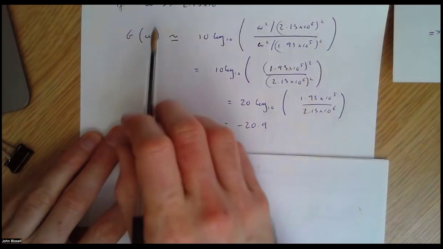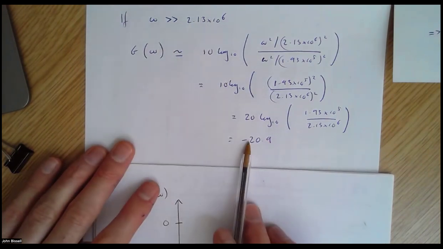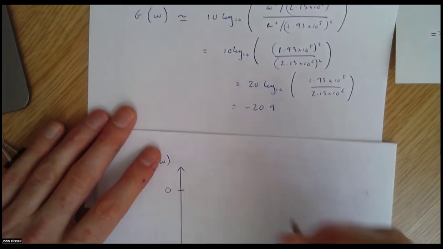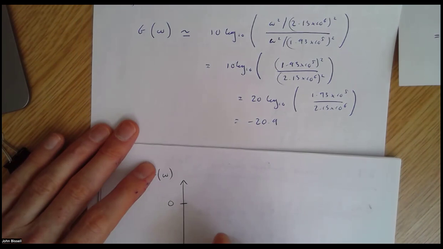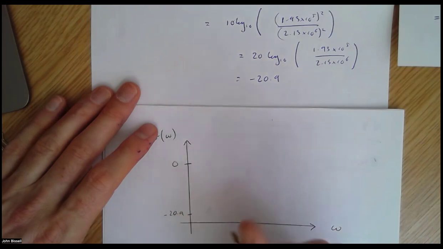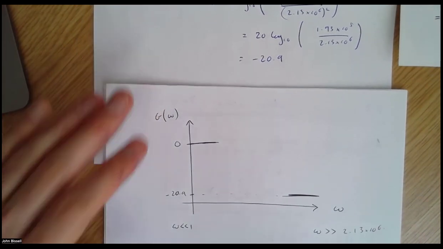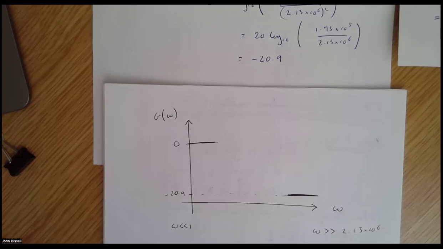And as the frequency becomes much, much bigger than 2.13 times 10 to the 6, the gain tends to about minus 20.9. So we know we're over here when omega is large, and over here when omega is small. Happy with that? The question is, where does it start to change?